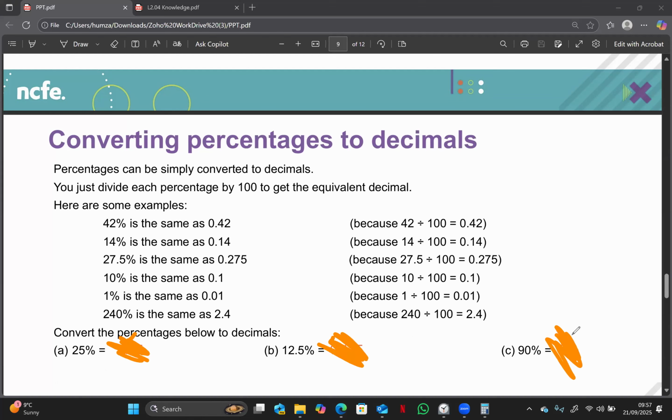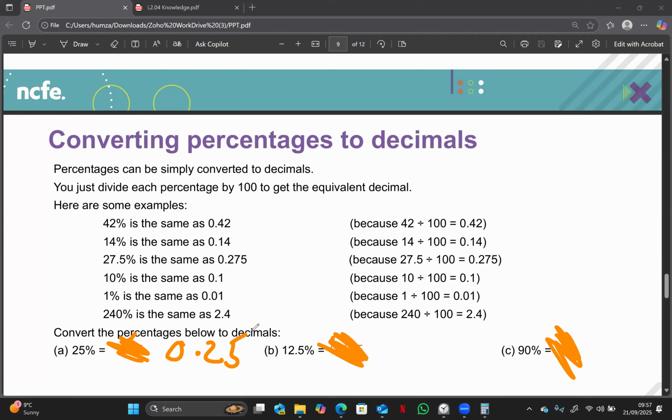What did we just say? 25 over 100. And what's the answer? 0.25. Yeah, exactly.